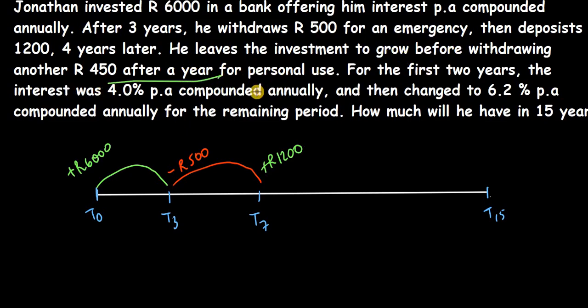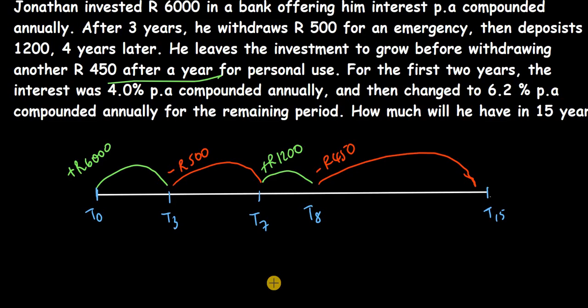Then a year later he removed another 450. So this was left to grow for only that period from T7 to T8 before he withdrew another 450 rands, and then until there. So this is what we have, guys.